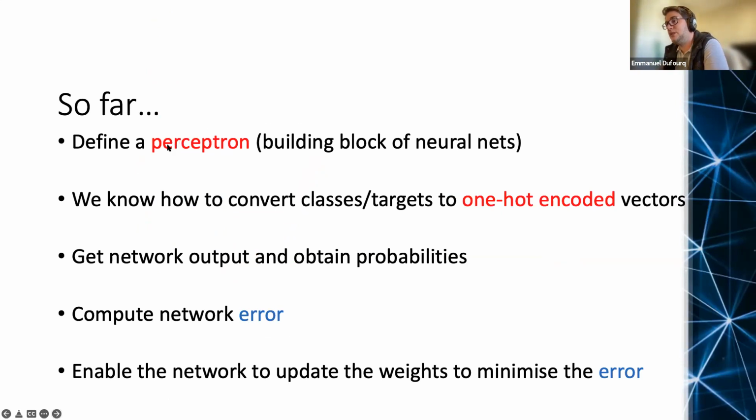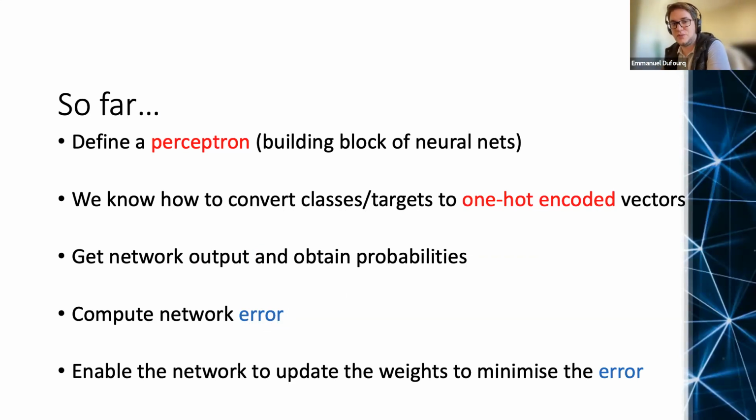So far we've talked about the perceptron, which is the smallest piece of a neural network. We've talked about needing to convert the targets into one-hot encoded vectors. We've talked about how to get the network output, and how we can use softmax to produce probabilities. Then we combined these two ideas and used categorical cross entropy to get an error.